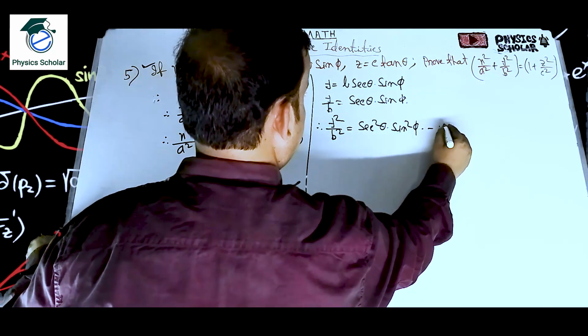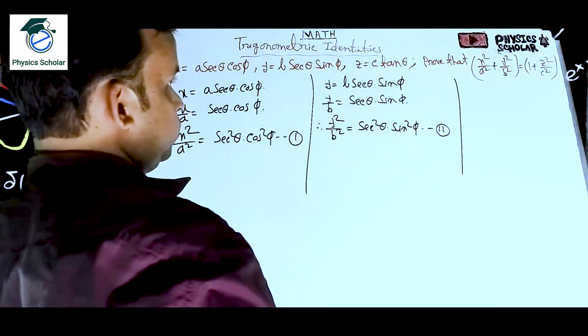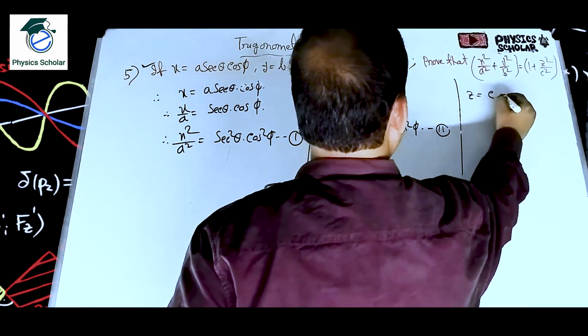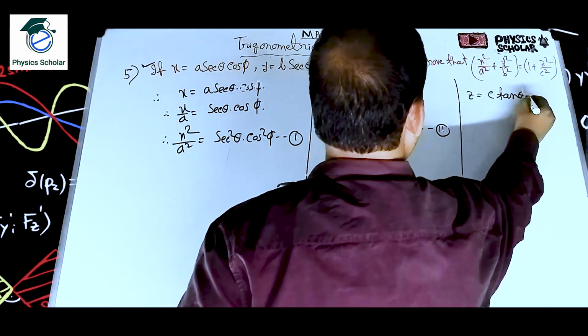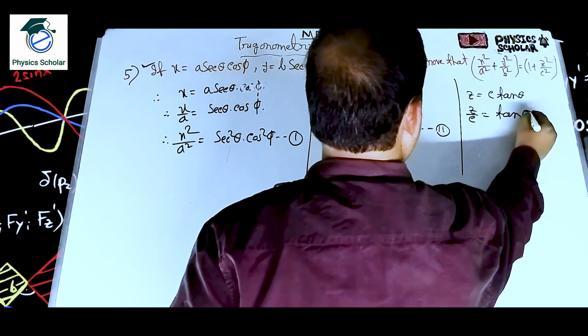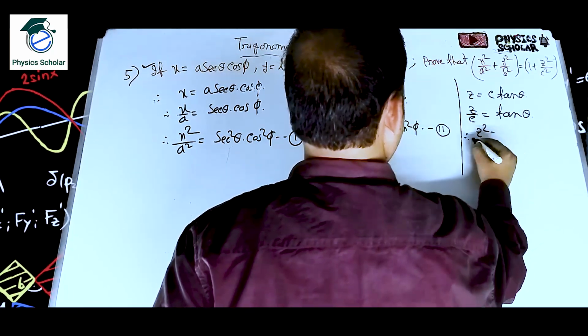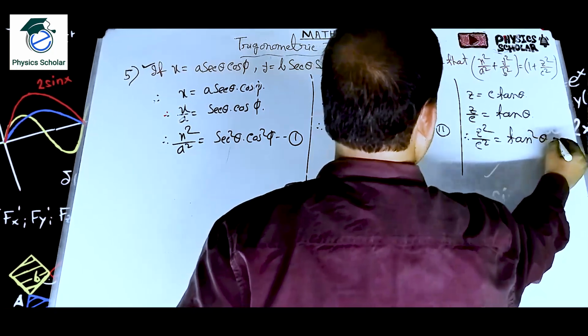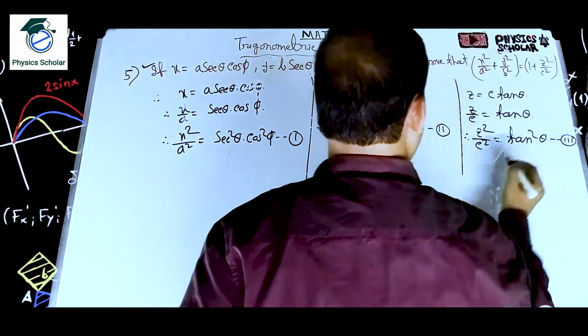That is equation number 2. And what is z/c? z = c tan theta, so z/c = tan theta. Clear? So squaring, z²/c² = tan²θ. Okay, so it is equation number 3.